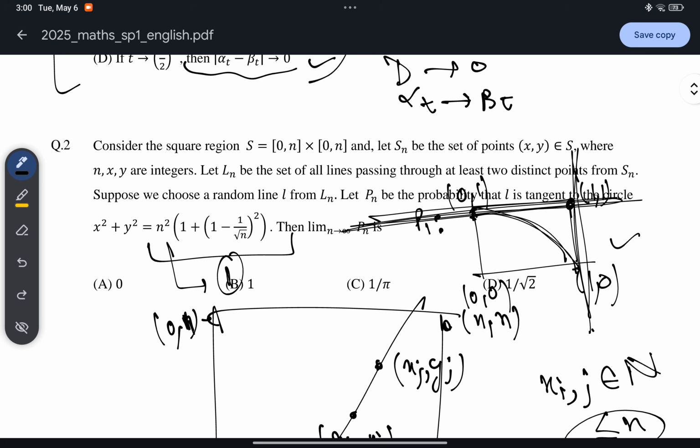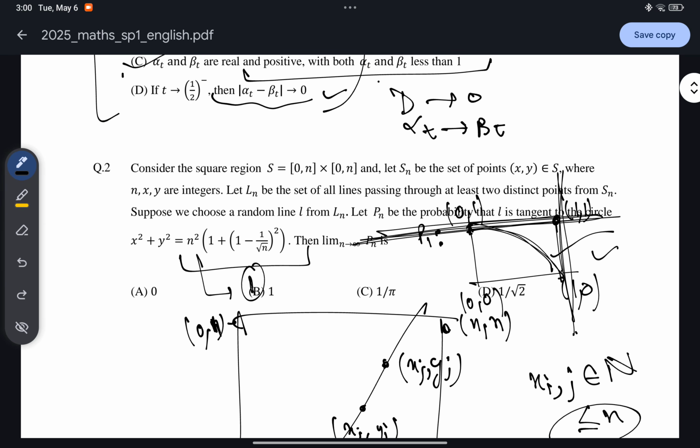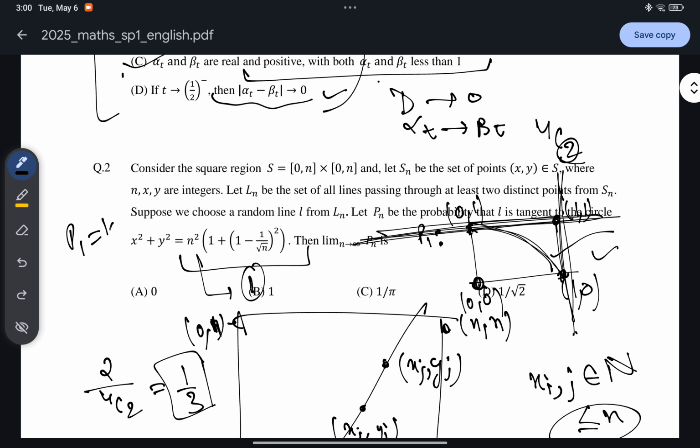So both of them are tangents to the circle. Two lines are tangents, and how many can I draw? I can draw 4C2 lines, as there are 4 points and I need to choose 2 for a line. So I would have 2 upon 4C2, which should be 1 by 3. So P_1 is 1 by 3.